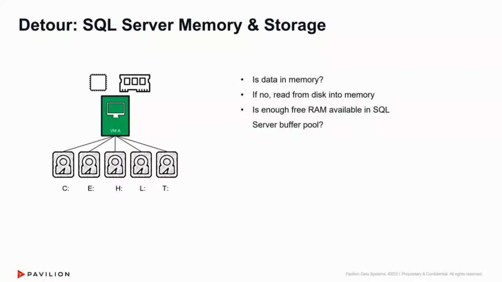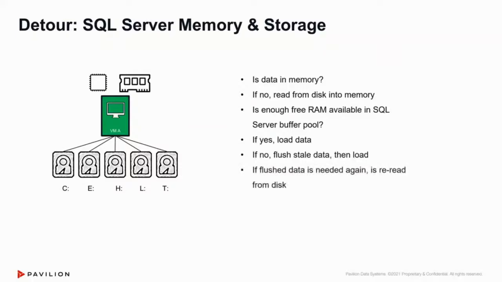Do we have enough free space? If so, cool, load it up and process it. If not, find the data that's old that I haven't accessed in a while, kick it out of the buffer pool, make room for the new data, and then load it from disk. Well, the second you need to reread that data that you just kicked out, you're going back to storage again. And the cycle continues. And this is why SQL Server has such a big memory footprint.